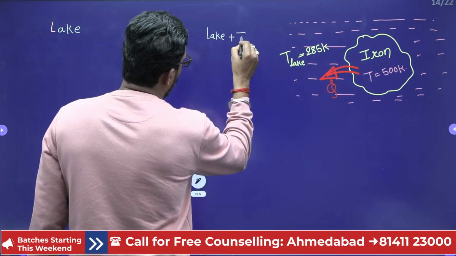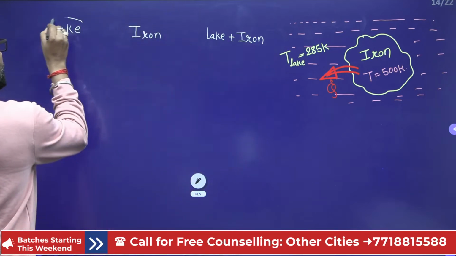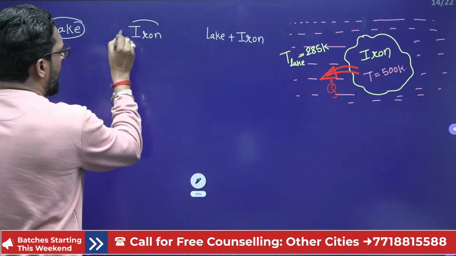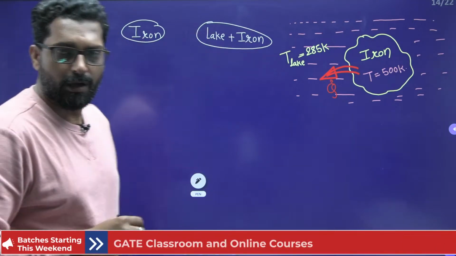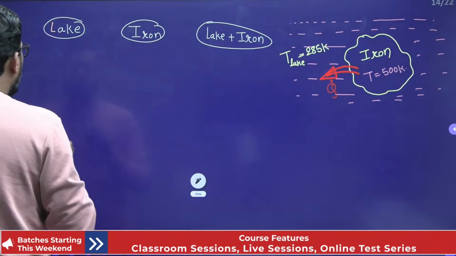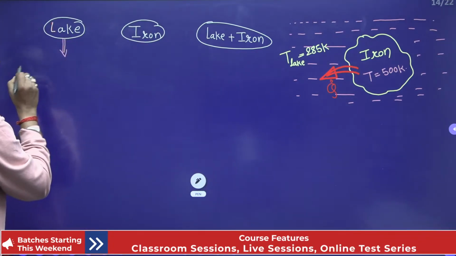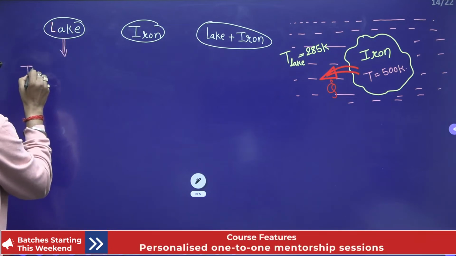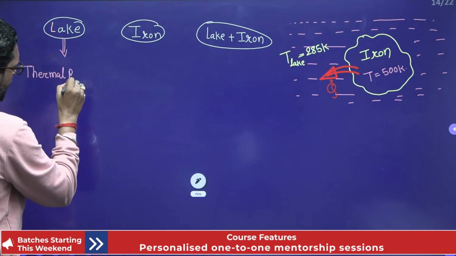Just think: first there is a lake, there is an iron, and there is a lake plus iron. We have to think like that. So the lake behaves as a thermal reservoir. Why? Because it is a large thermal reservoir.